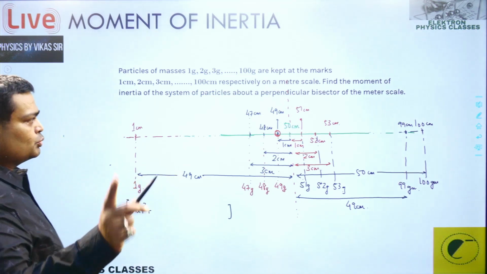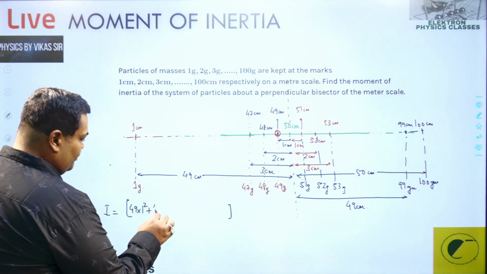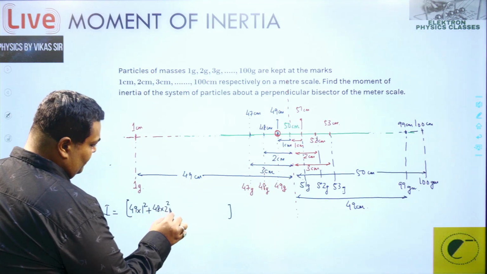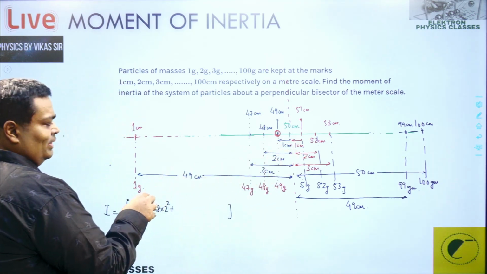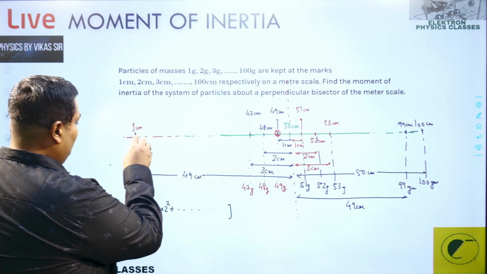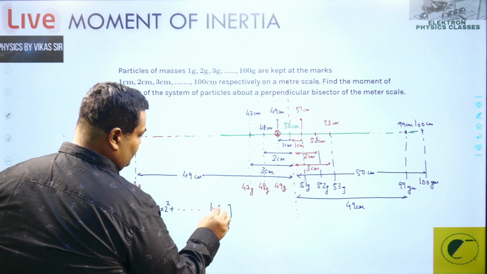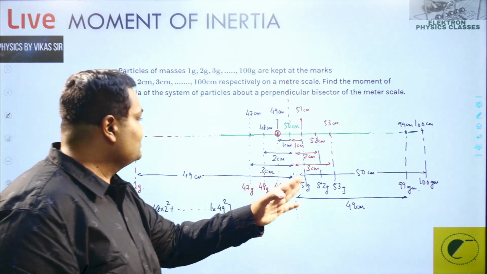Correct? mr square. Plus 48 into 2 square, and so on. And then 47 into 3 square, and so on, until this one, 1 into 49 square. That's the moment of inertia for the left side particles.